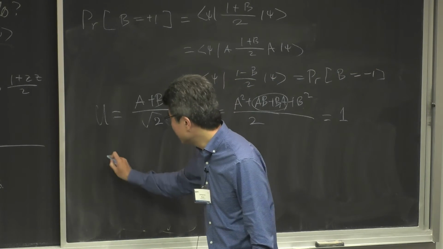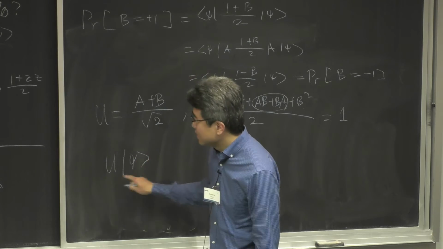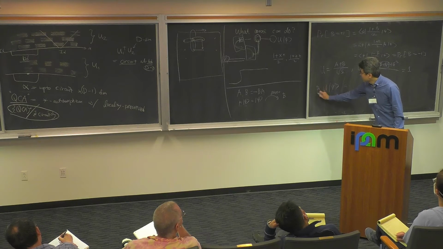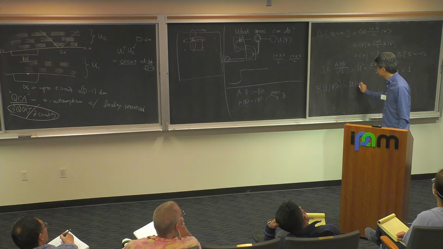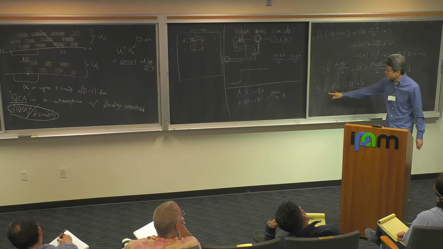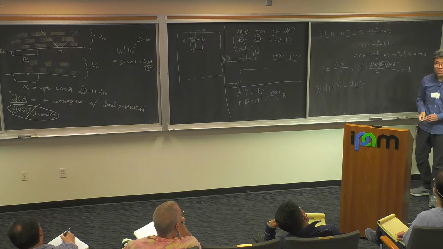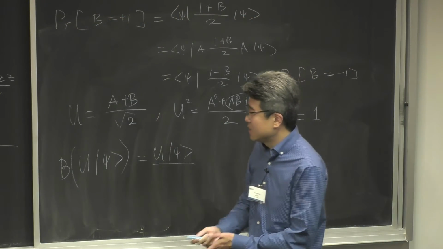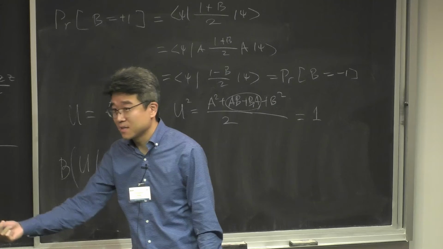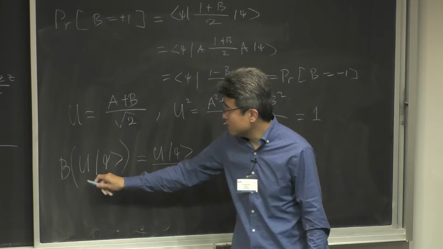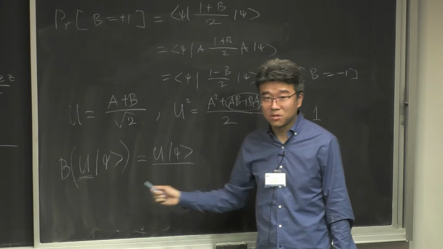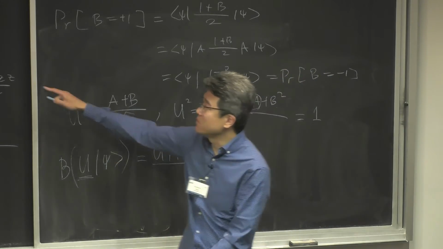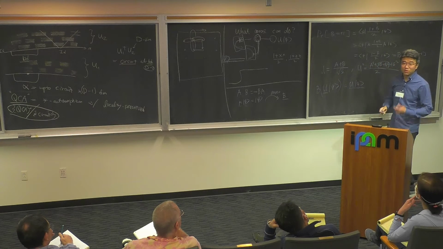And indeed, if you apply U to the original state here, you can show by a simple calculation that it is indeed an eigenstate of B with eigenvalue 1. So effectively, the post-measurement state, post-selected on the +1 outcome, can be achieved by applying U on the original state. And that can be thought of as the origin of why you could implement a unitary using measurements when you learned nothing.